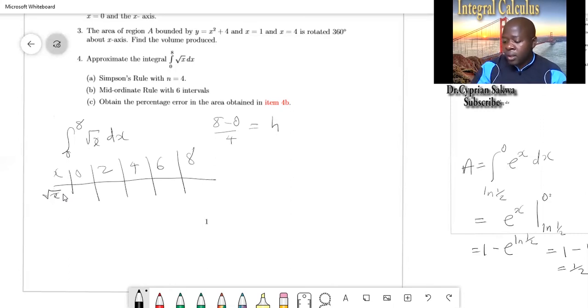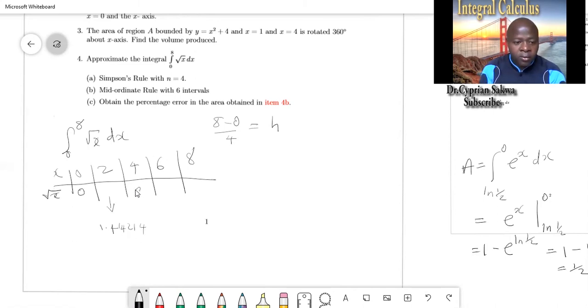So that one you can just use your calculator. The square root of 0 is 0. The square root of 2, let's do it to 6 decimal places, there's no problem. I was getting 1.414.